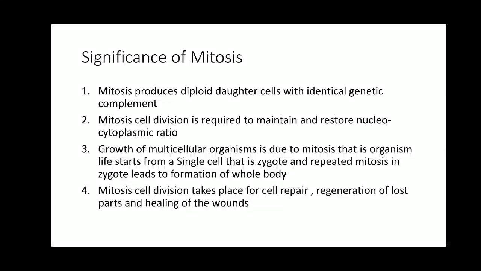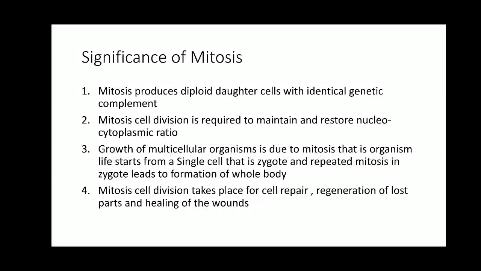Therefore, to maintain this nucleocytoplasmic ratio, the cell undergoes division, which makes the ratio decrease, providing the nucleus all the comforts in ruling the cell. That is, maintaining the nucleocytoplasmic ratio. When the cell increases in size, the small size nucleus cannot control all the activities, and therefore it will undergo cell division, resulting into two daughter nuclei containing the cell contents.